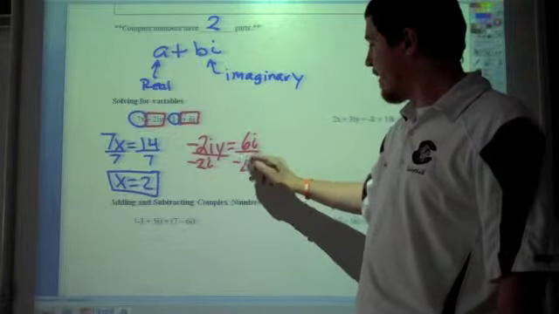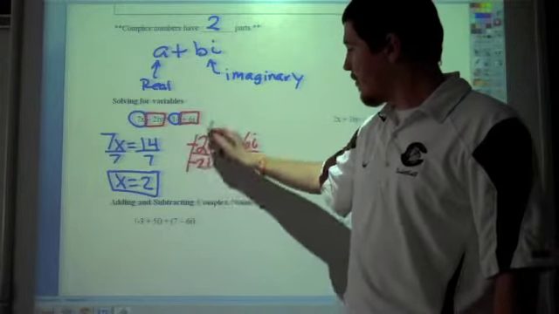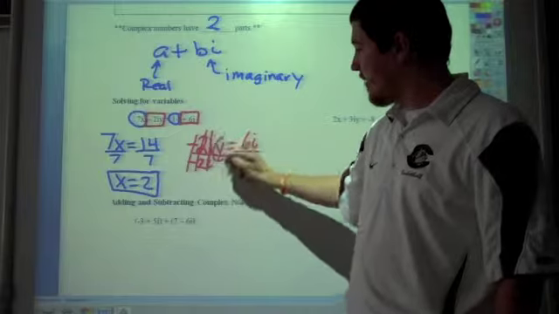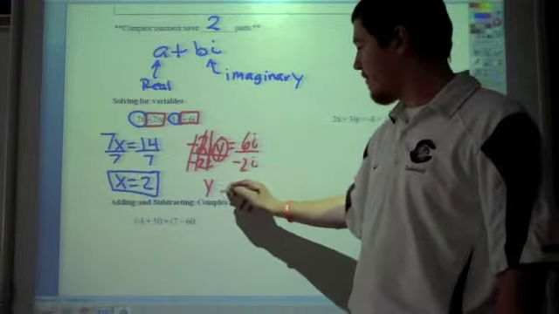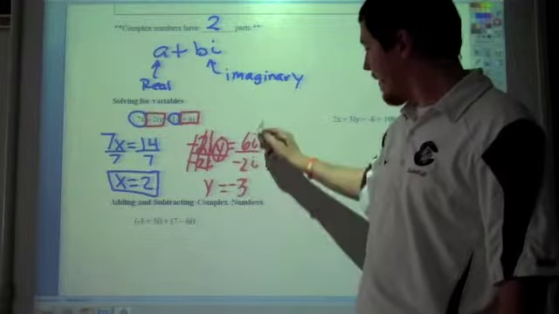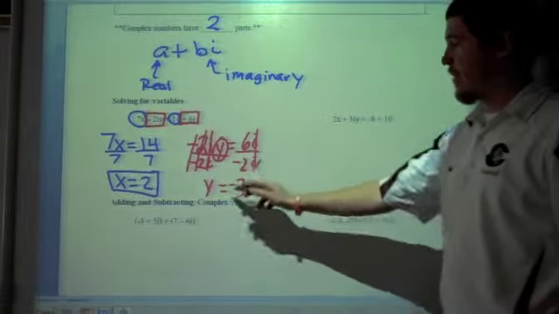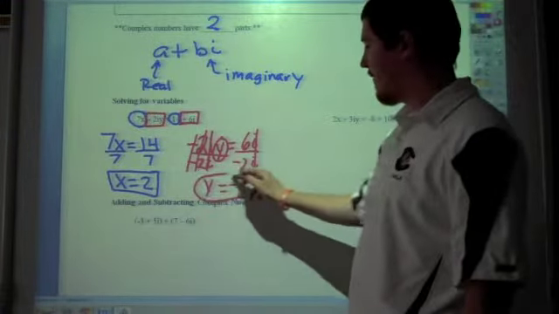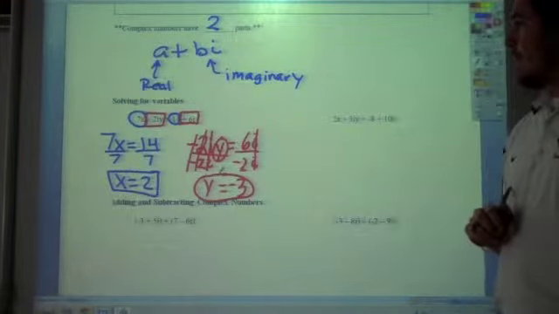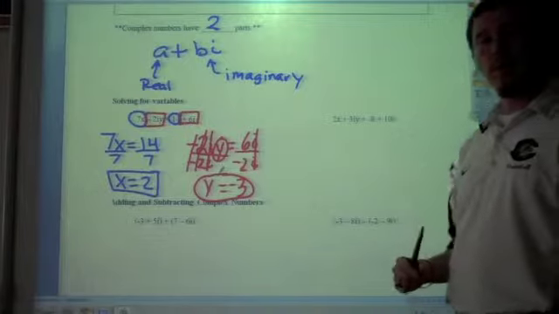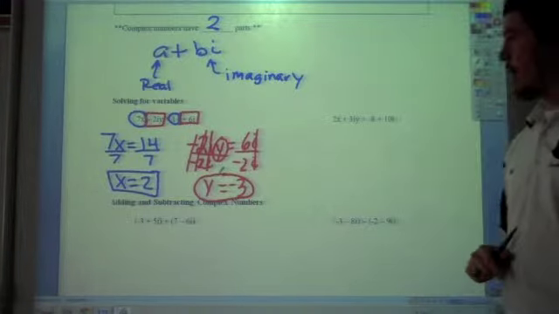The negative 2 and the i cancel, leaving me with y. And on this side, 6 divided by negative 2 is negative 3, and the i's cancel, so y equals negative 3. Set the real parts together, set the imaginary parts together.